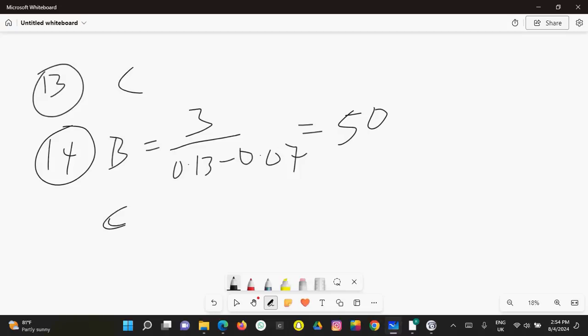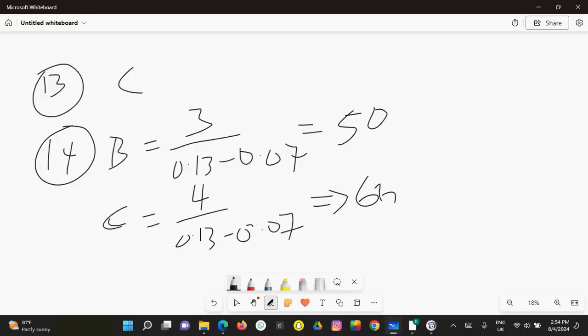Then for stock C, when we want to solve for the price, we are going to get 4 over 0.13 minus 0.07, and then we are going to get 66.7.